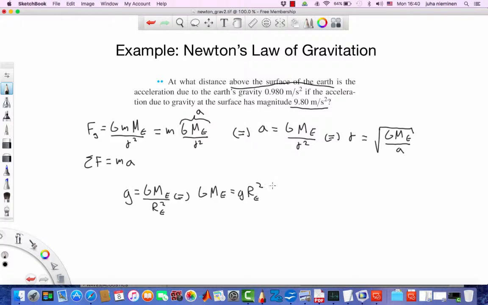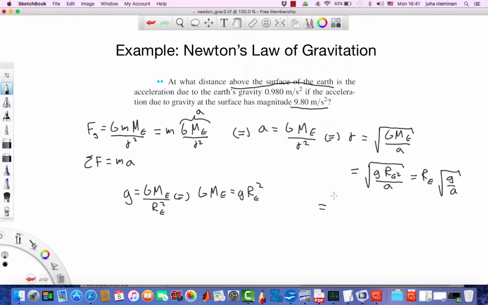And we can plug that in here to get the square root of g R_e squared, replacing the G M_e, divided by a. And R_e, of course, comes out of the square root, so we have R_e times the square root of g over a. That's going to be our radius.